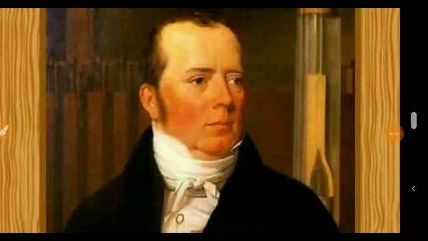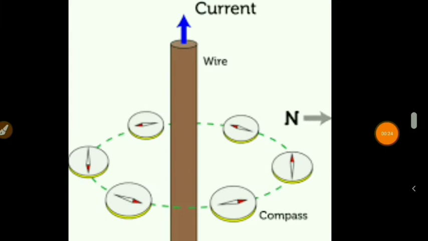Students, this image is of a scientist named Oersted, who initially observed that the needle of a magnetic compass gets deflected when it is brought near a current carrying wire. And this image shows how the needle gets deflected around the current carrying wire.